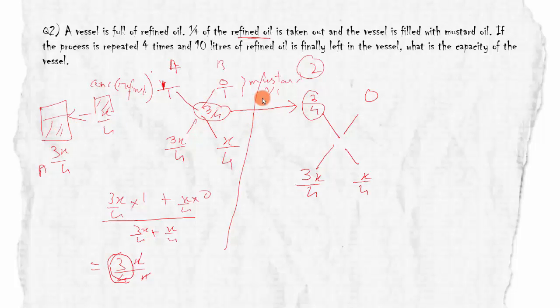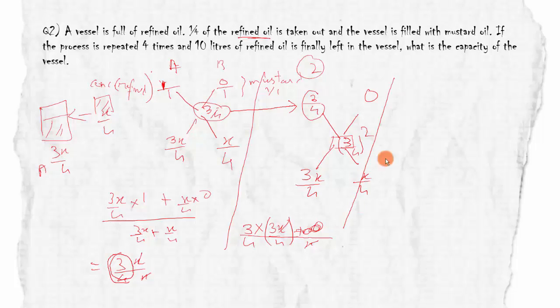Now the vessel contains 75% of refined oil, which is 3 by 4. So what will this value be? Again 3 by 4 times 3x by 4 plus 0, and this whole divided by x. The x cancels, so we get 3 by 4 whole square.